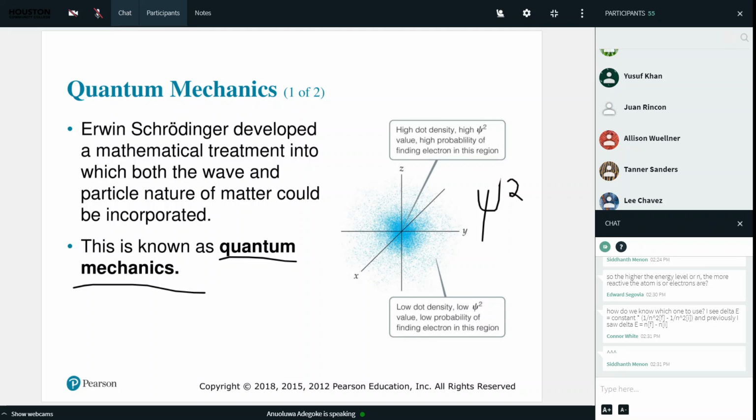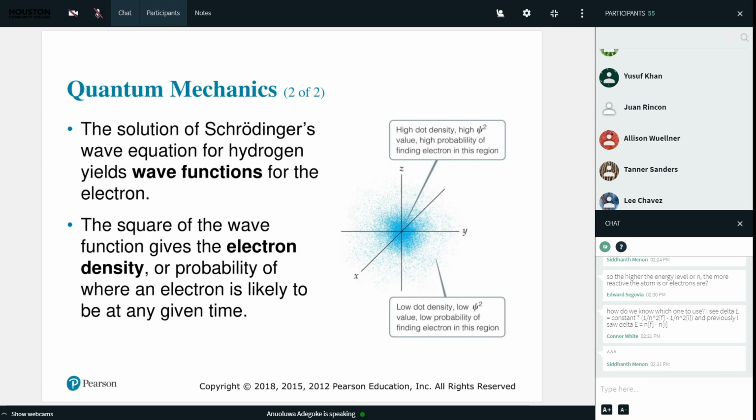If you can solve the equation, you can basically know the area where you can typically locate the electrons. We're not going to be solving the wave function, like I said. All we are going to be talking about is the quantum numbers associated with the wave function, basically.